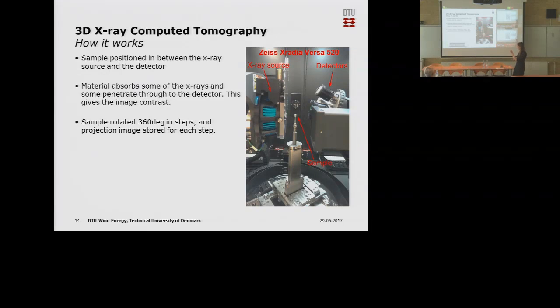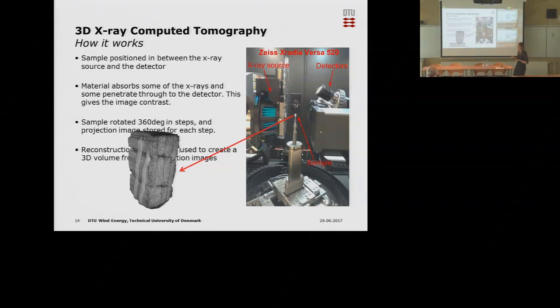So then you rotate the sample, usually a full rotation, not always, and you store a projection image for each of these rotational steps. You can then use a reconstruction algorithm to recreate a 3D volume from these images, which, for example, can look like this, which is similar to what I showed before.